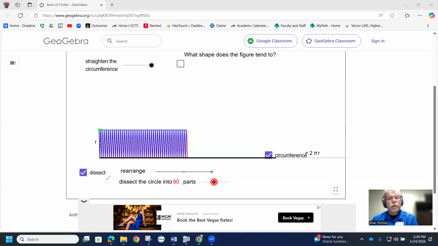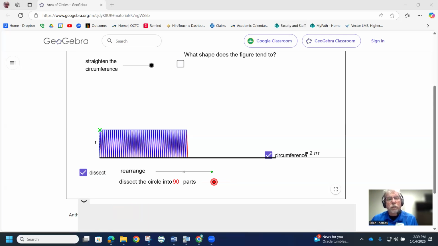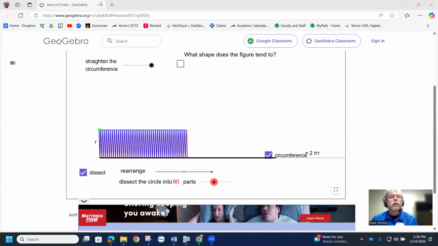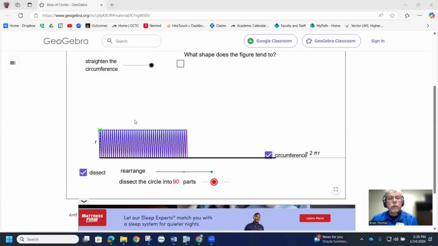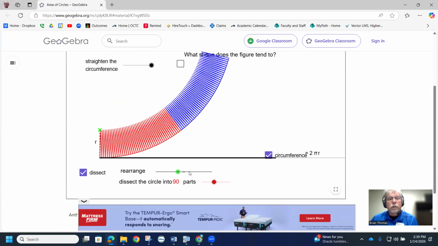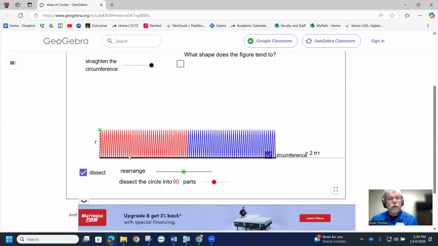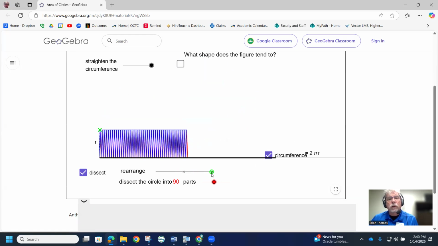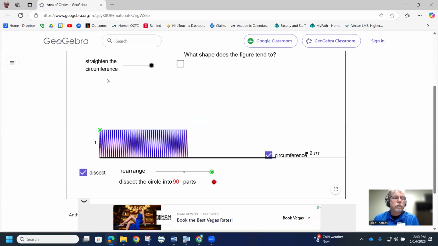Well, remember, if we take this back apart, and slide this back apart, this distance here was the circumference. Notice that half the circumference is on the bottom of the rectangle and half of the circumference is on the top of the rectangle. So when I put this all back together, notice that the length is actually half of the circumference.